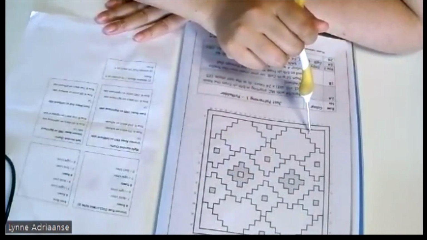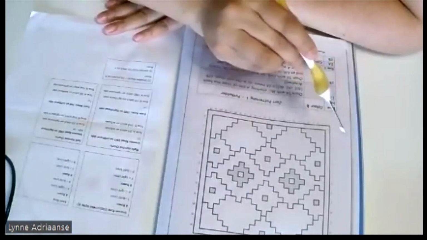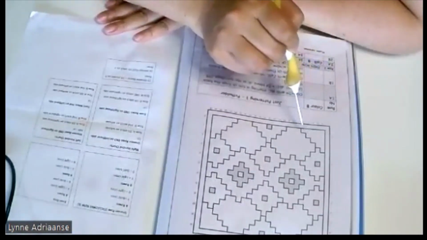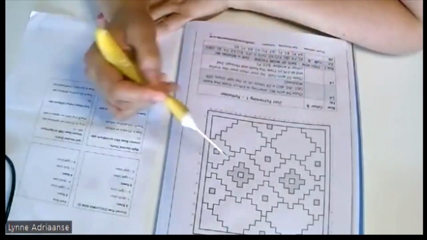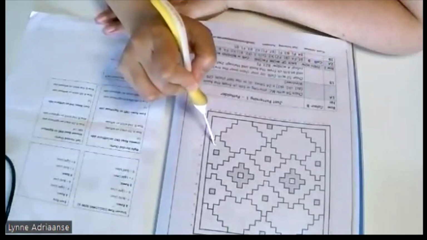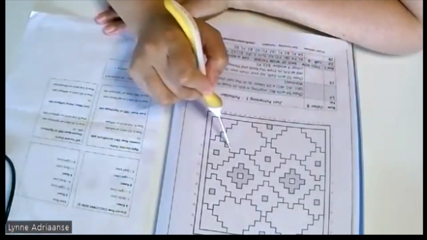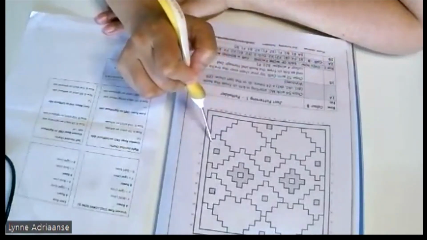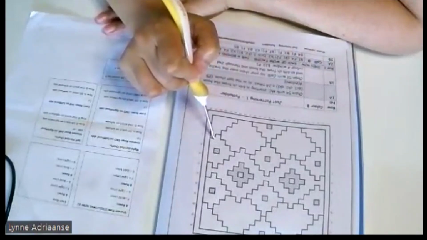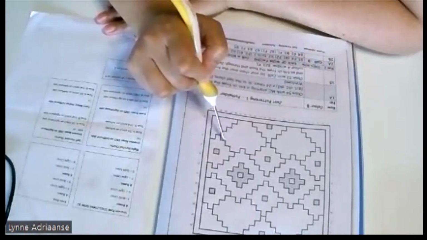Your B row on an uneven numbered row, the light line is a front stitch, the bold line is a back stitch. On an even numbered row, the light line on the A row is a front stitch, the bold line is a back stitch. On the B row, the light line is a back stitch, and the bold line is a front stitch.